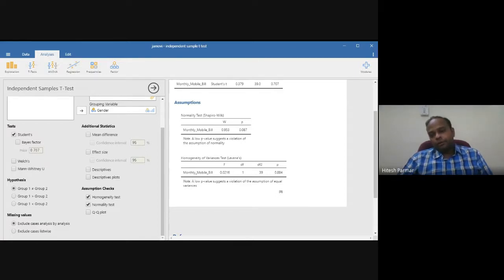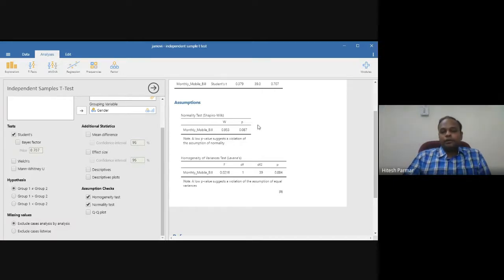Null hypothesis for the test of normality is the data are normal. What is null hypothesis? Data are normal. Now what p-value we get here?